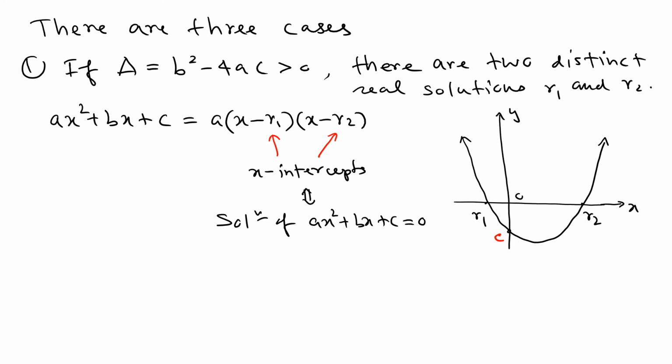And then there are a few things to worry about because we know this opens up. We know that f(x) equals ax squared plus bx plus c is a parabola.